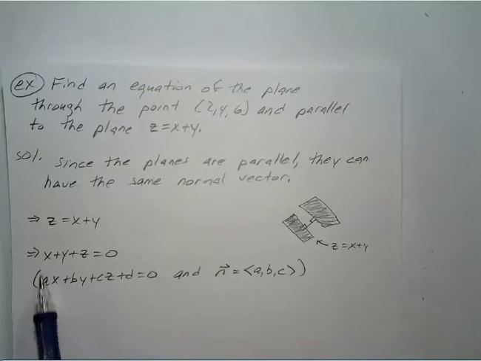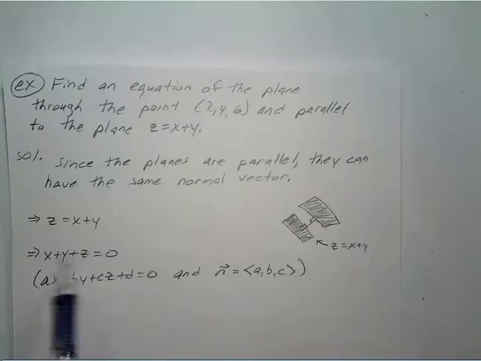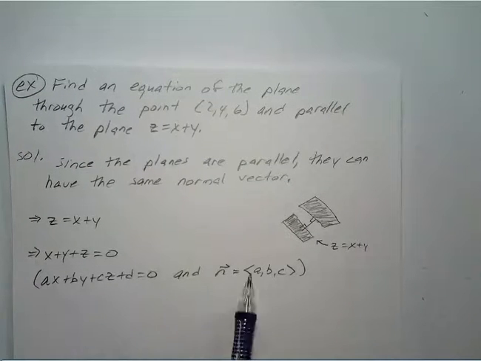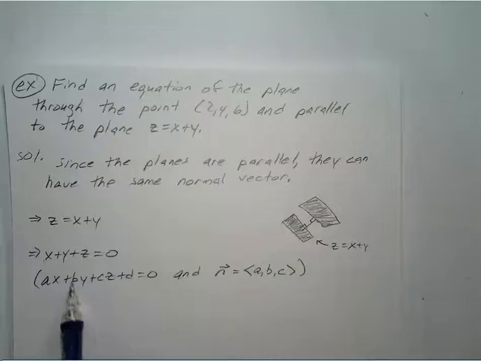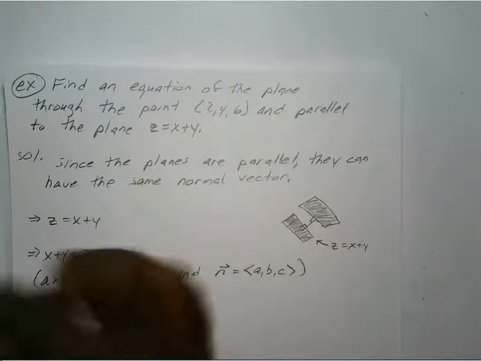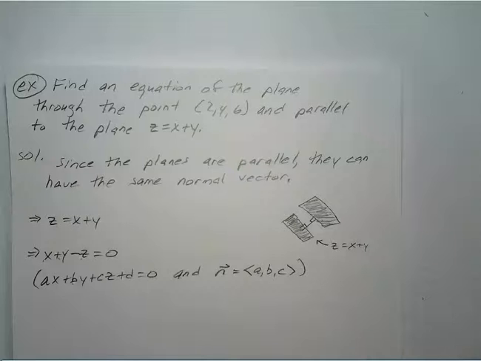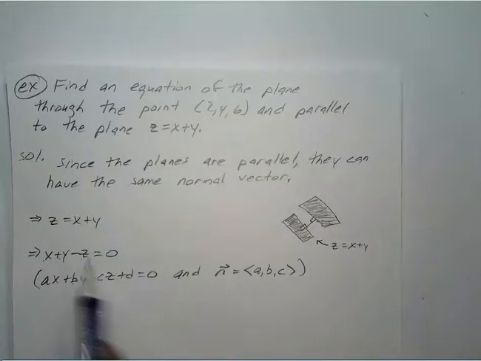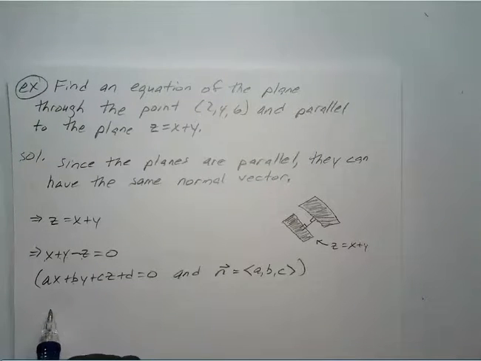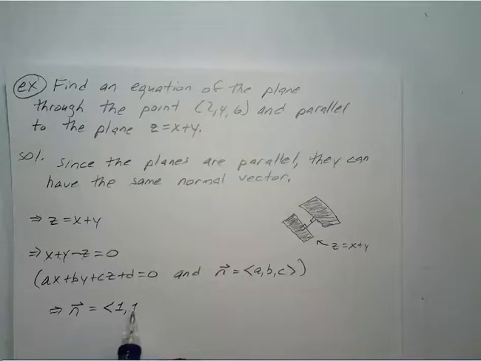Okay, so that means since this plane is parallel to the one we're trying to find, this can have the same normal vector. So that means a is equal to 1, b is equal to 1, and c is equal to negative 1. Sorry about that. That should be minus. Because we did subtract z on both sides. Okay, so since their a, b, and c would be the same, that means that our normal vector will be <1, 1, -1>.